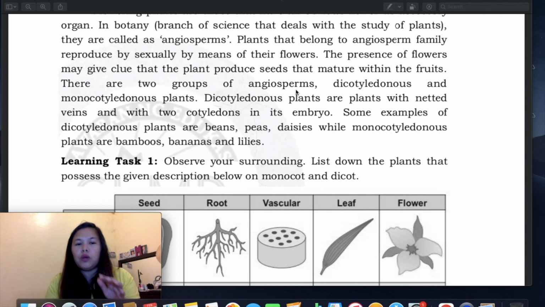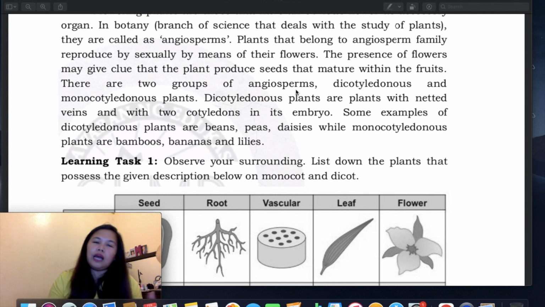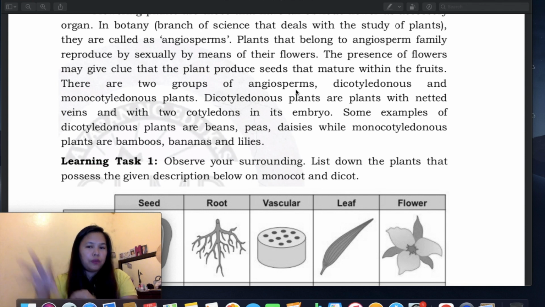Okay, so, ma-classify natin at ma-identify at ma-distinguish natin si monocot at si dicot, kasi sa dahon pa lang nila is magkaiba sila, at sa type of seed is magkaiba sila, sa roots magkaiba sila, and yung tubes nila and sa flowers is magkaiba din.